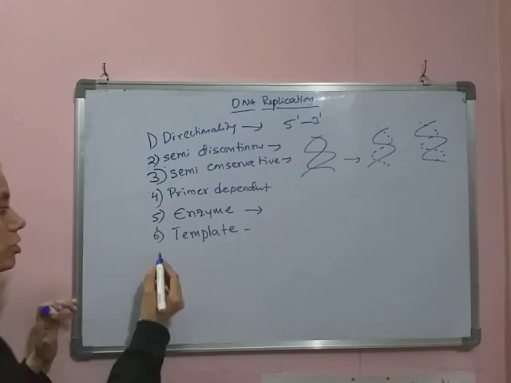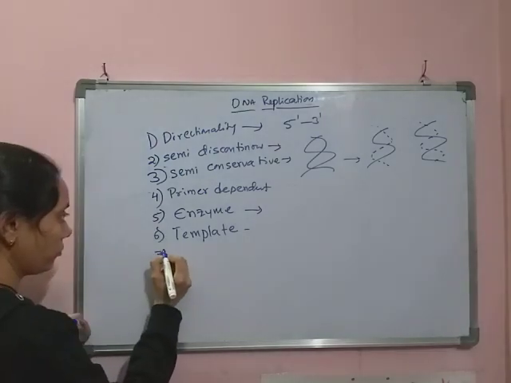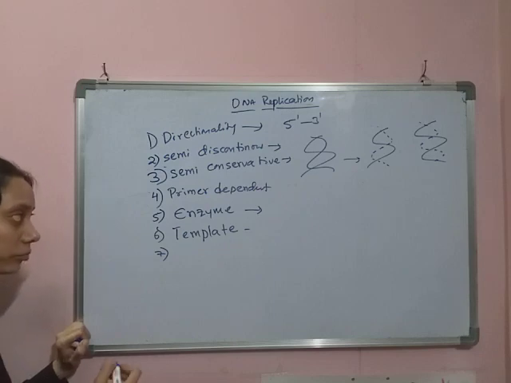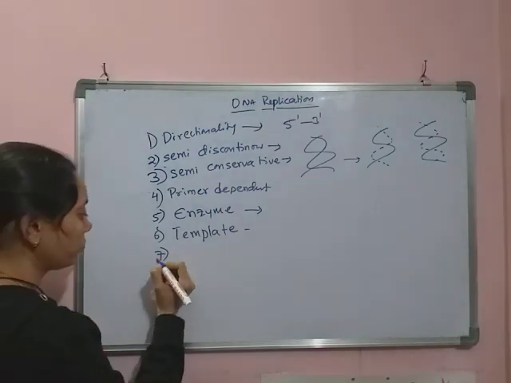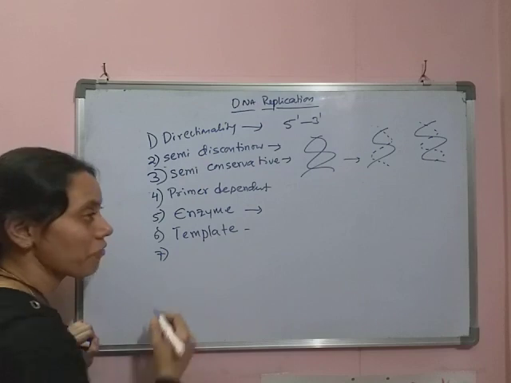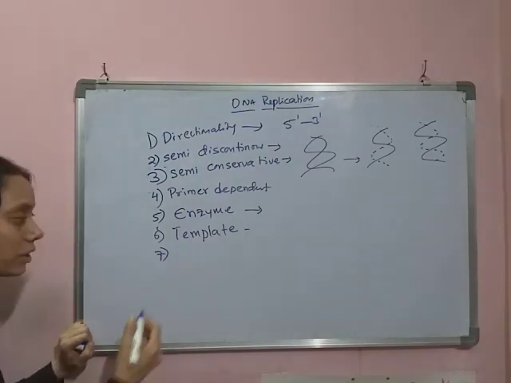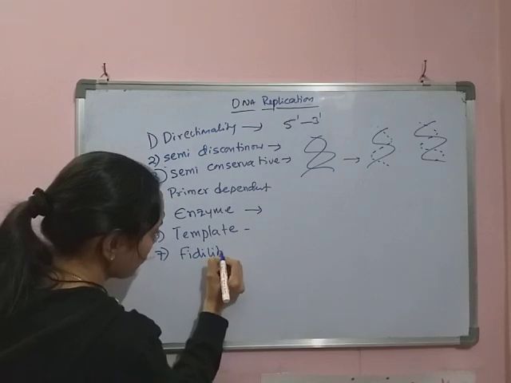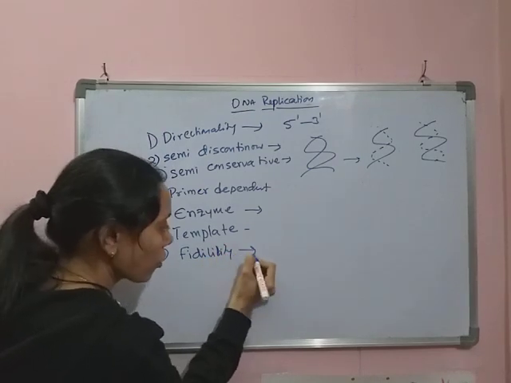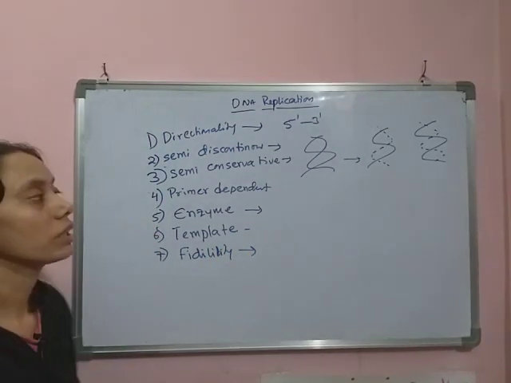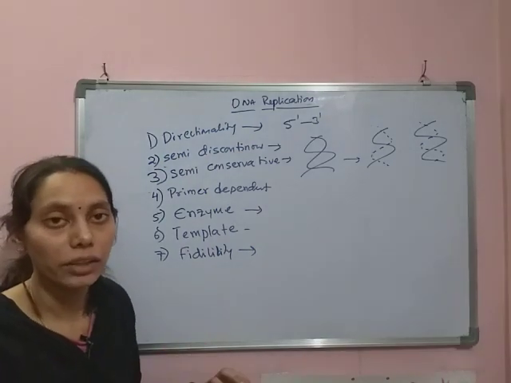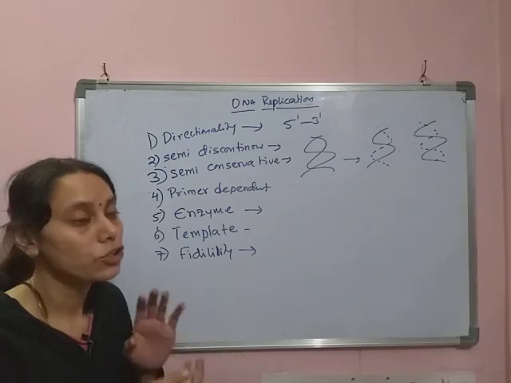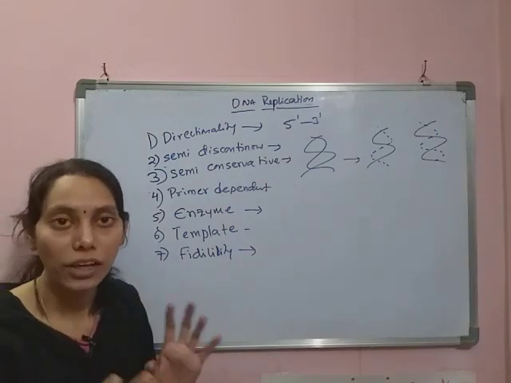And what is the other feature of the DNA replication? Basically, the DNA replication has high fidelity, because as we already discussed, DNA replication will be carried only when it is needed, and it should be very much accurate.